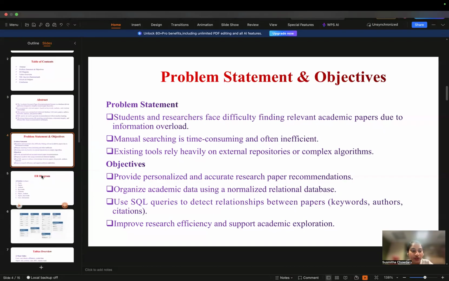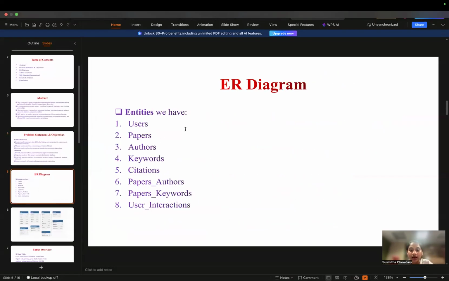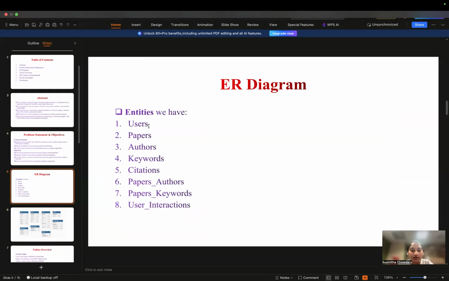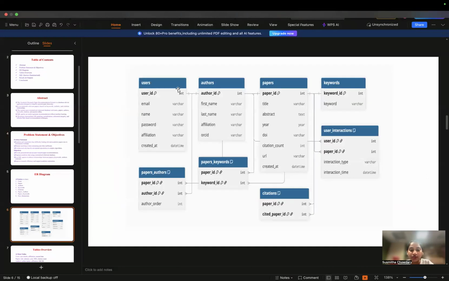Now, coming to the ER diagram, this is the ER diagram of the entities. The main entities include users, papers, authors, keywords, citations, papers, keywords, and user interactions.